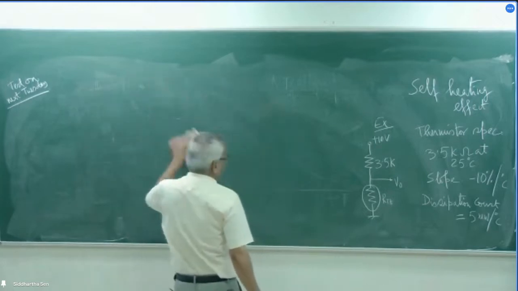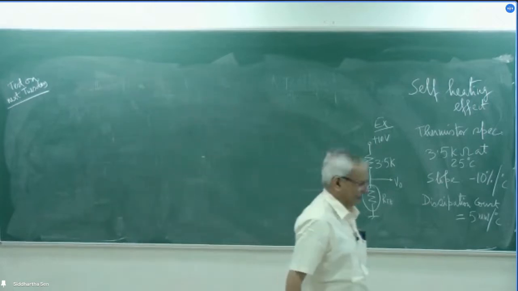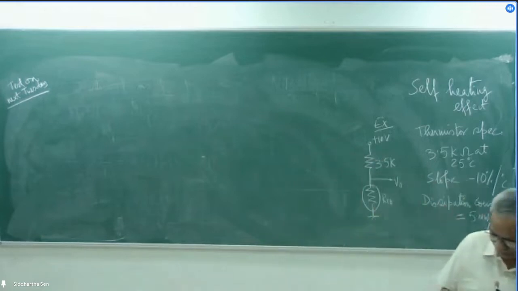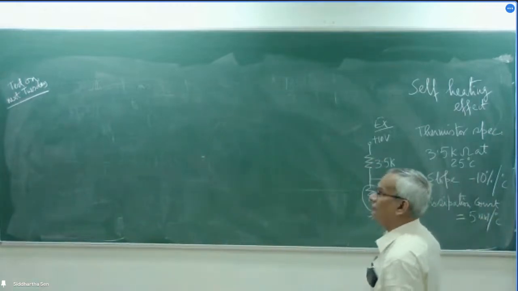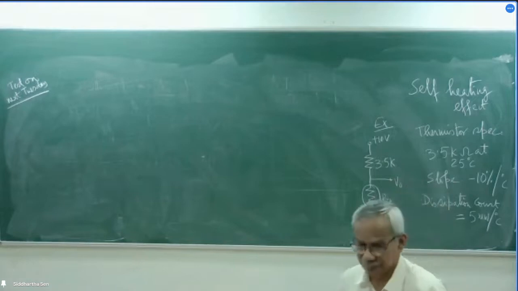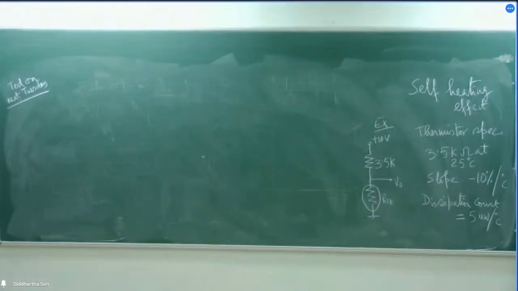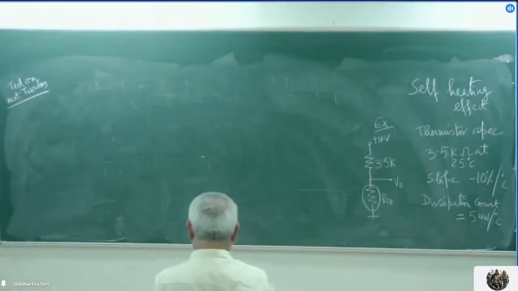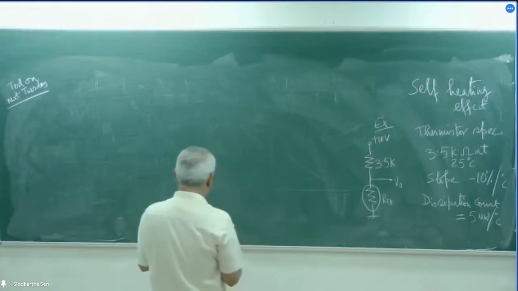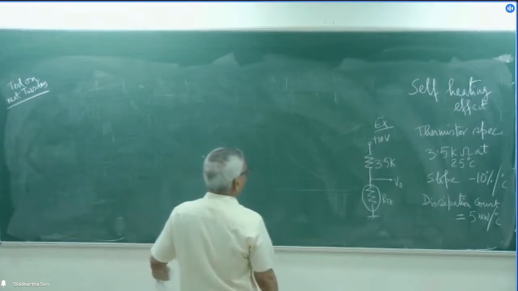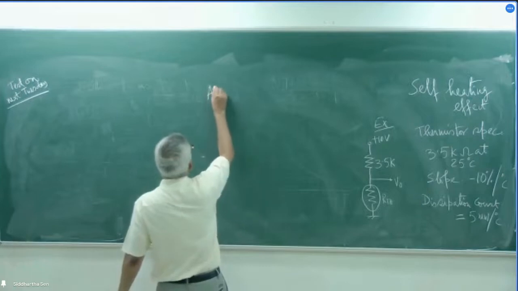So right now I am at 25 degrees Celsius. Then what will be the apparent voltage?